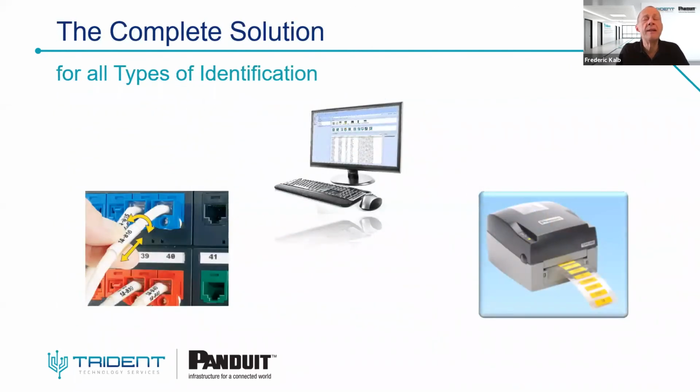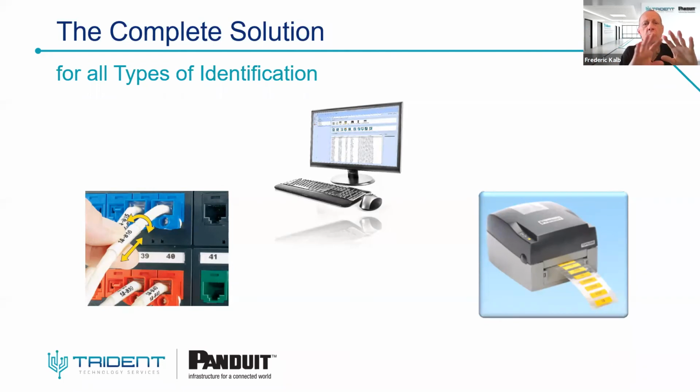So to summarize, let me say our message around identification. It's really Panduit and Trident are, let me say, the number one partner when it comes to identification. We have really a complete solution, going from software to printers to labels to permanent identification, embossing systems, marker plates, portable devices, desktop devices.